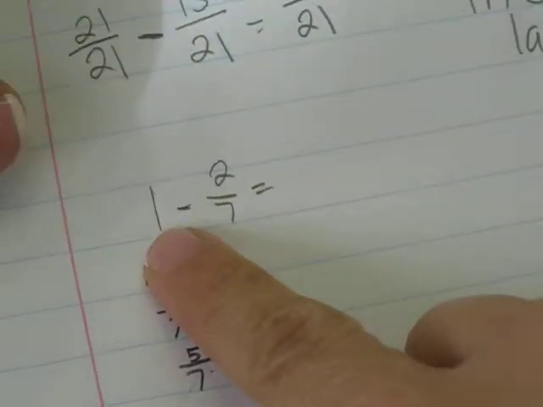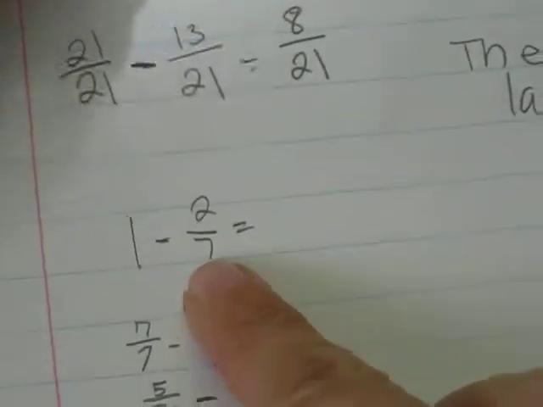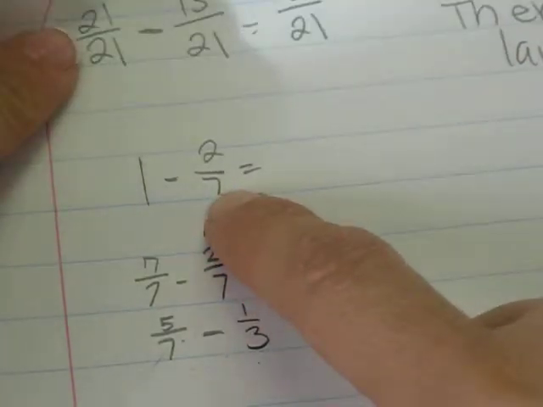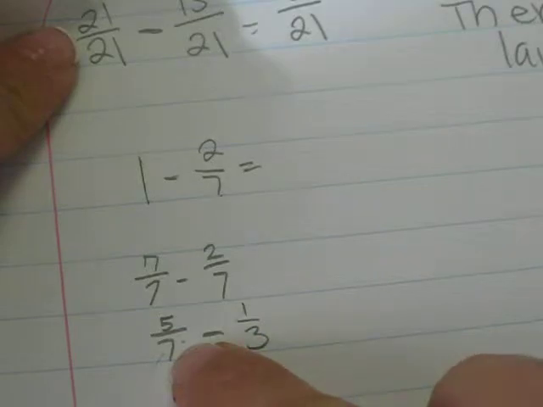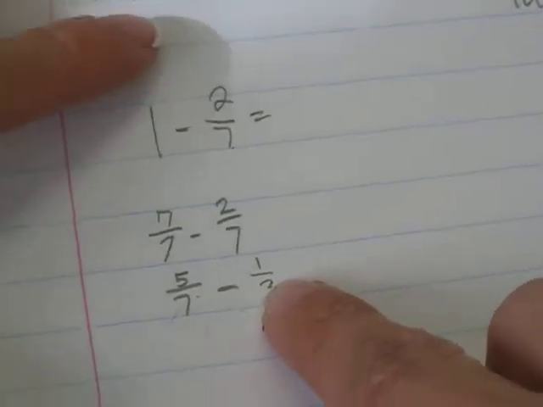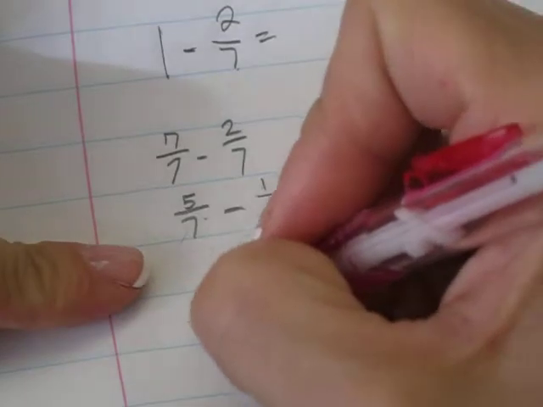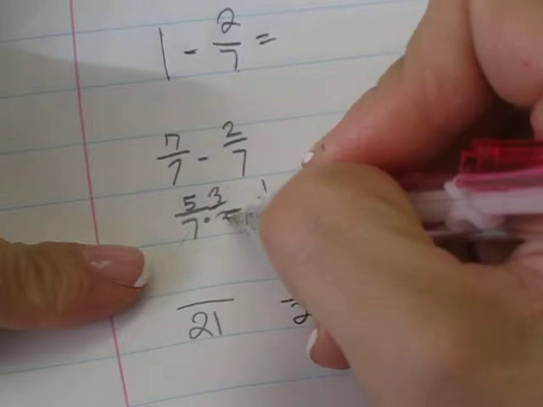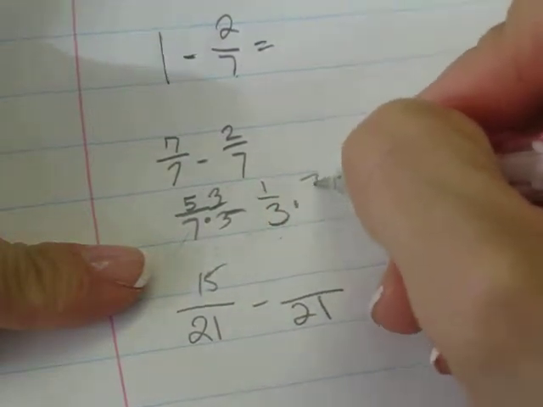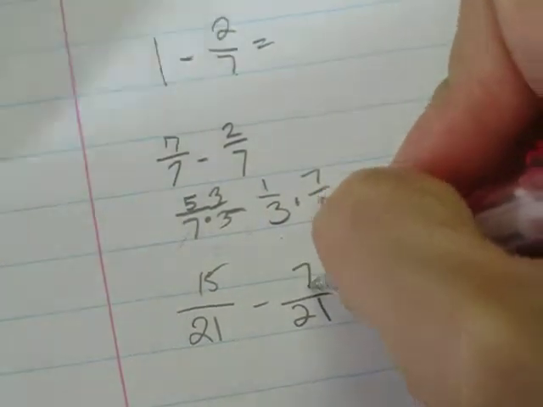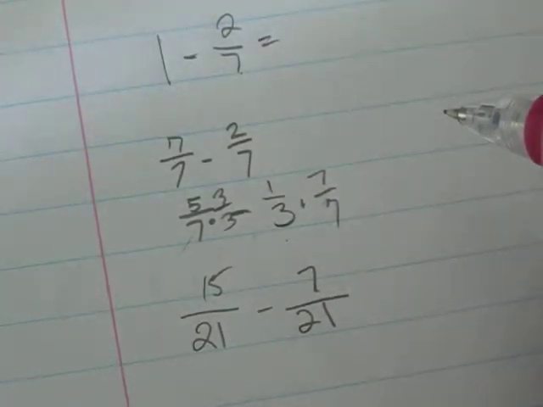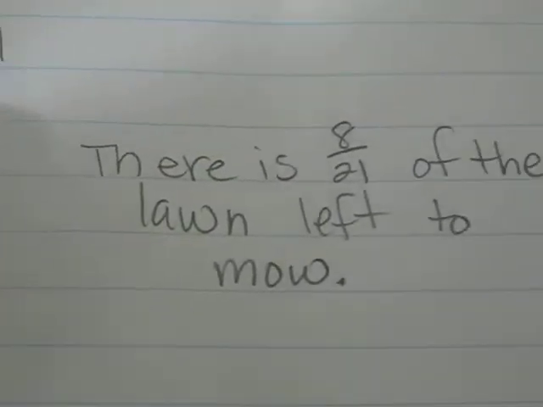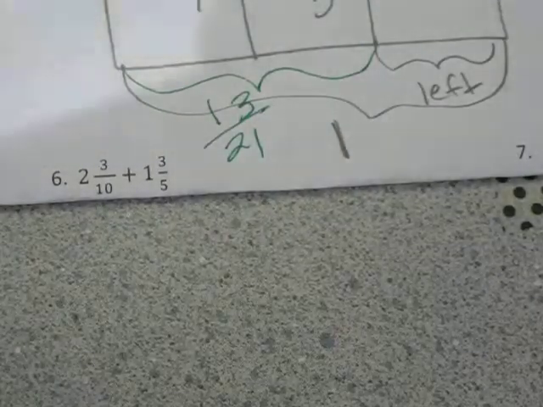So I'm taking the whole lawn, I'm subtracting what Mr. Pham mowed, this is what was left, 5/7, and then I subtract what the son mowed, which was 1/3, and again I have to find a common denominator. This is times 3/3. And this is 8/21, which I got before. So there's different ways that you can do it.